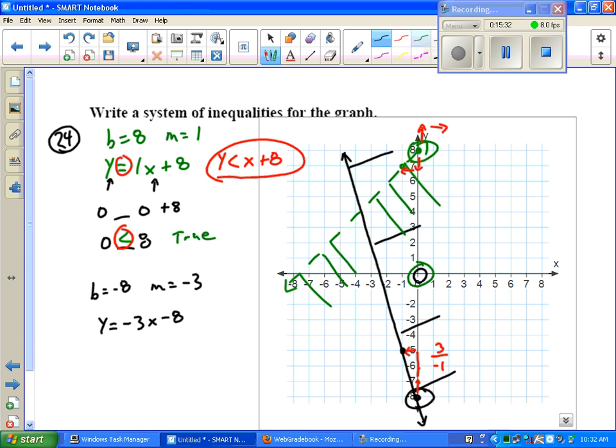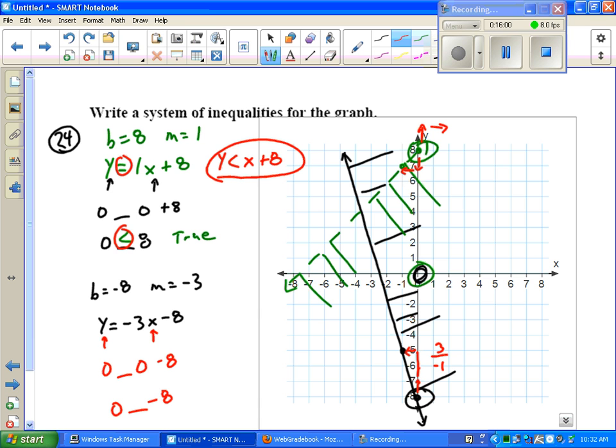If you choose 0, 0 again, which you should because the line is not going through it, notice the way it's shading. It's shading towards 0, 0. So again, you're going to want a true statement at the end when you plug in 0, 0. 0 in place of y is something, again, we're not equals anymore. -3 times 0, or anything times 0, would be 0, minus 8. So you have 0 is something -8 at the end.